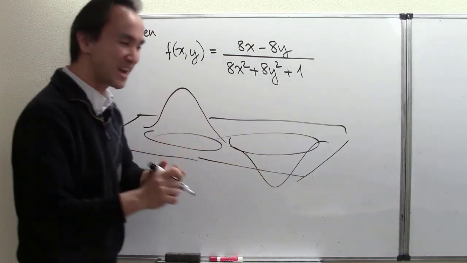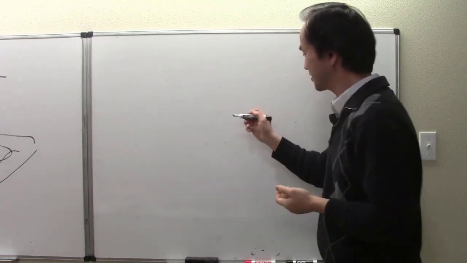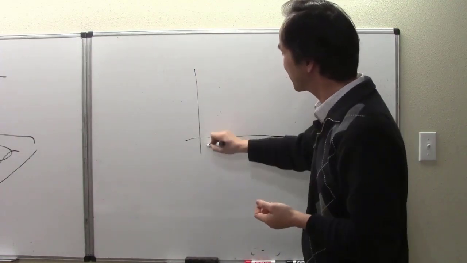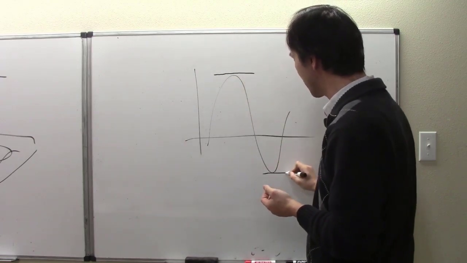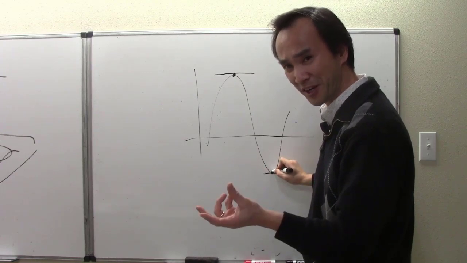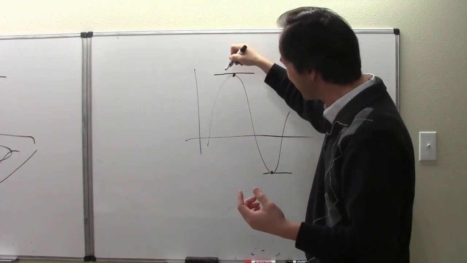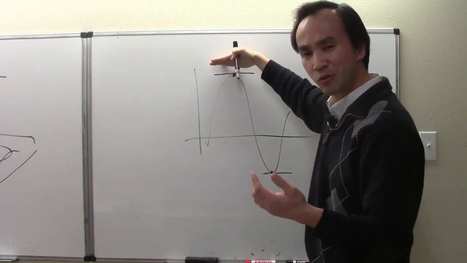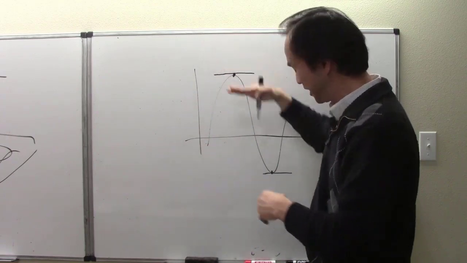Back in the days of single variable calculus, if a function reaches a local maximum or a local minimum, then it has to happen at what we call a critical point. A critical point, as a definition, is a point where we have a horizontal tangent line, or a slope zero tangent line.